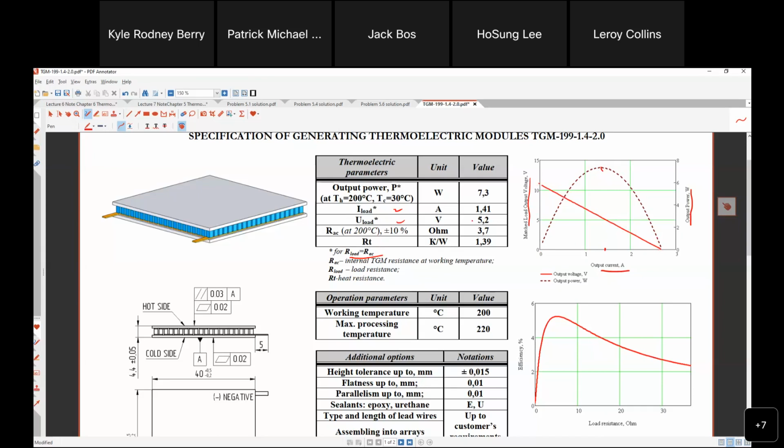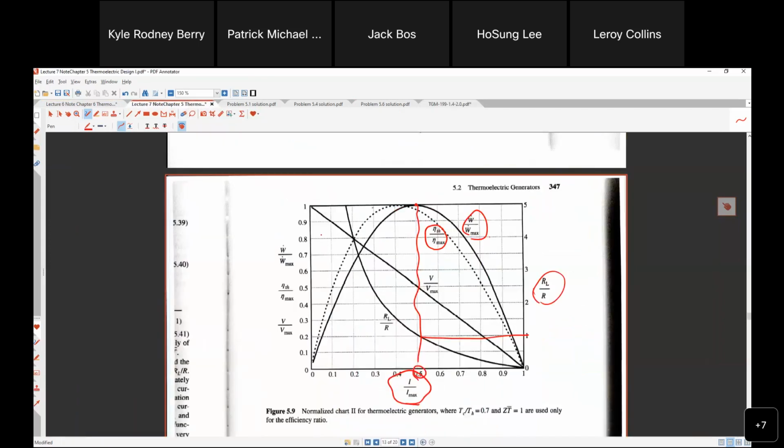So, let's look at it again. I think you have to understand, this is ideal. This is ideal now. This is a general ratio, maximum current.